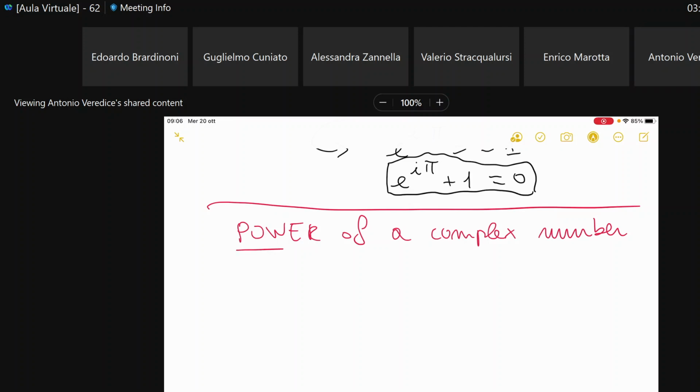When you have to compute the power, the Cartesian form is not very useful.